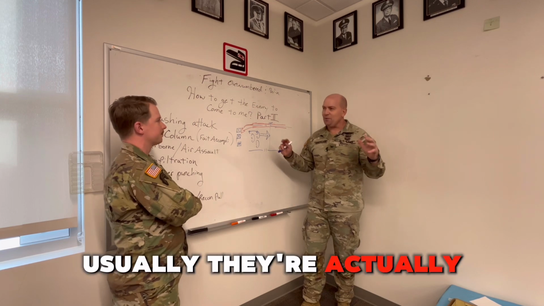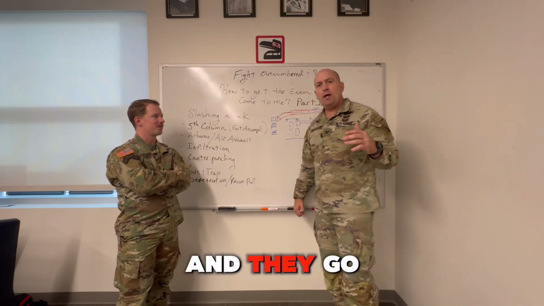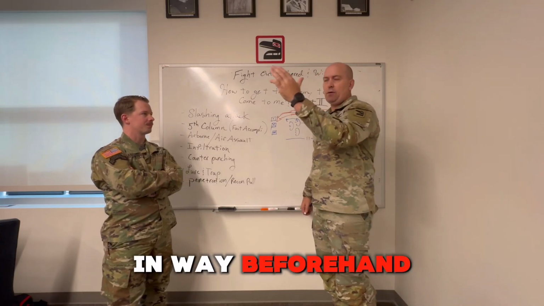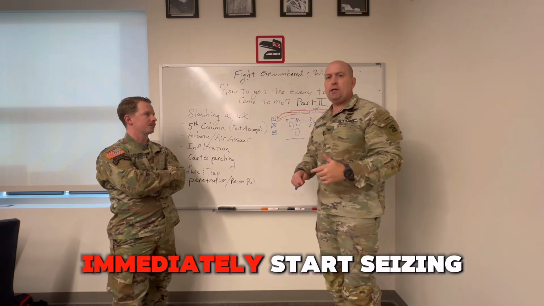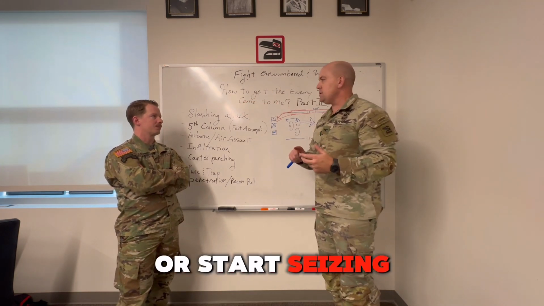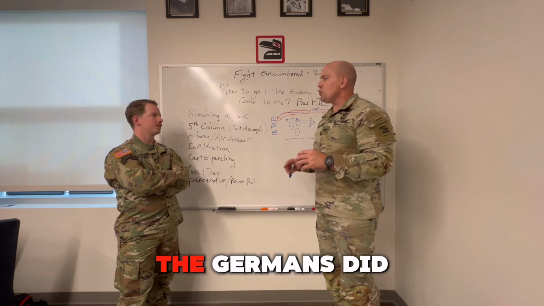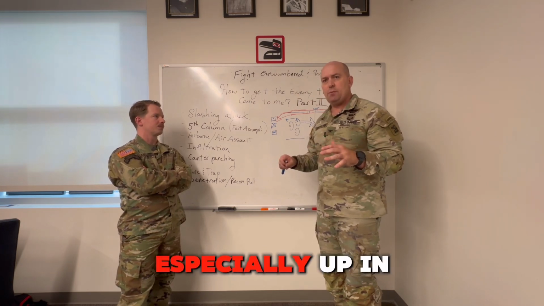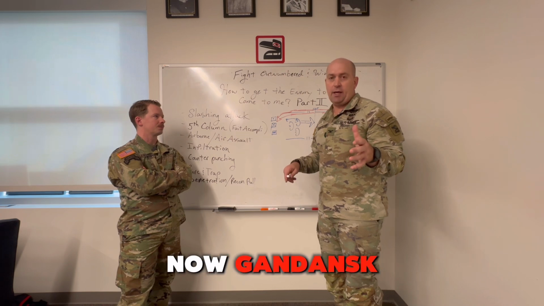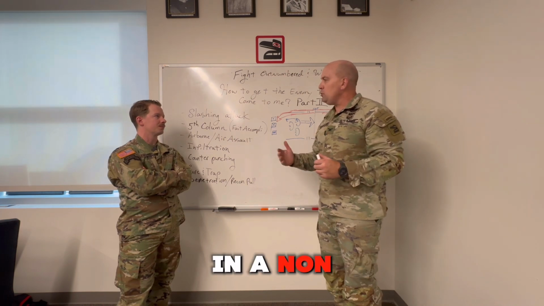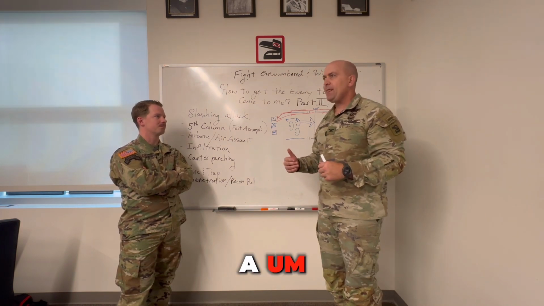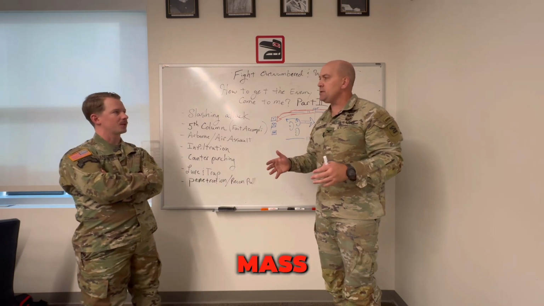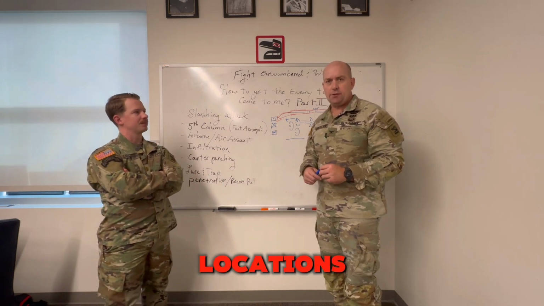Usually they're actually regulars, and they go in way before the war starts and immediately start seizing capitals and police stations. The Germans did this big in the invasion of Poland in 1939, especially up in Danzig, now Gdansk. They sent in a non-uniformed, clandestine force en masse to seize all these key locations.